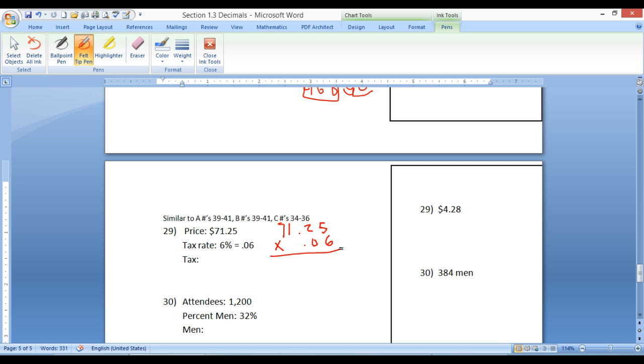Let's see, 6 times 5 is 30, and I apologize, we're going to have to write over that. Carry the 3, bring the 0 down. 6 times 2 is 12, plus 3 is 15.